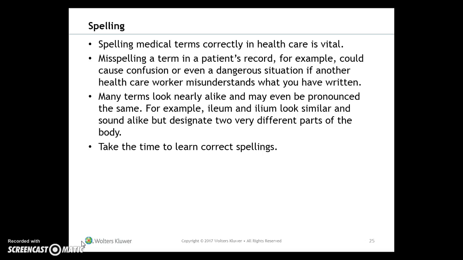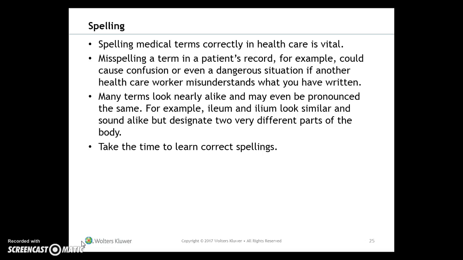So it's very important to understand that spelling medical terms correctly in healthcare is vital. For example, misspelling a term in a patient's record could cause confusion or even a dangerous situation if another healthcare worker misunderstands what you've written. And many terms look nearly alike and may even be pronounced the same.